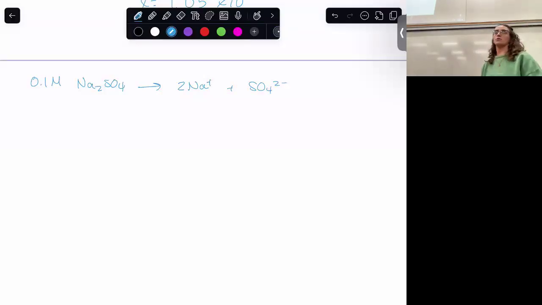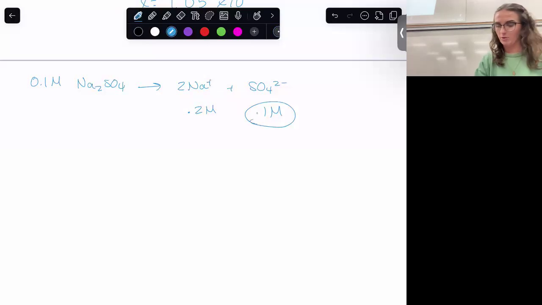So what molar concentrations of each of these ions do we have? We have 0.1 molar of the sulfate, and how much of the sodium? 0.2, right? Because we have twice as many sodium ions. So we'll have 0.2 molar. It doesn't really matter, but just to remember what coefficients mean.